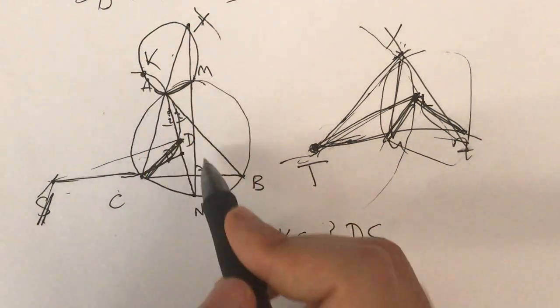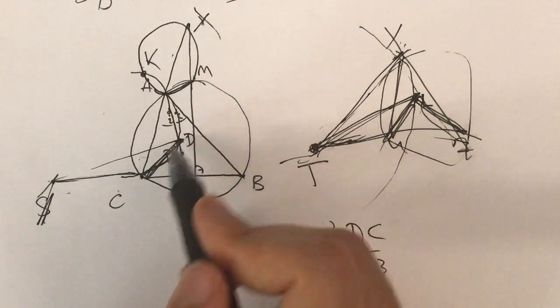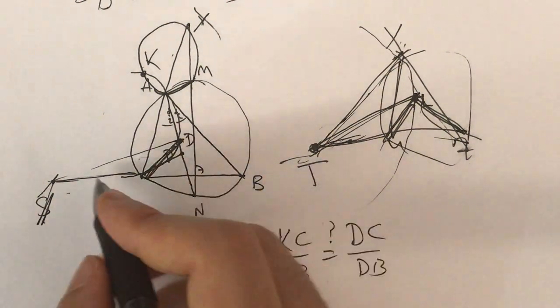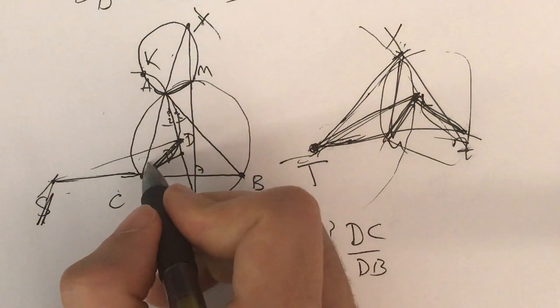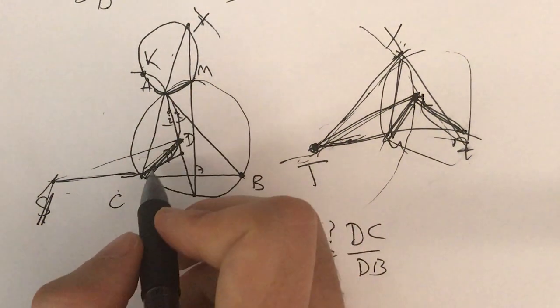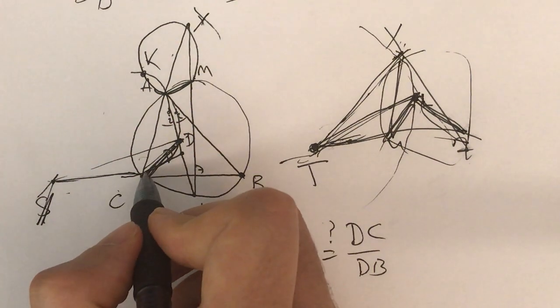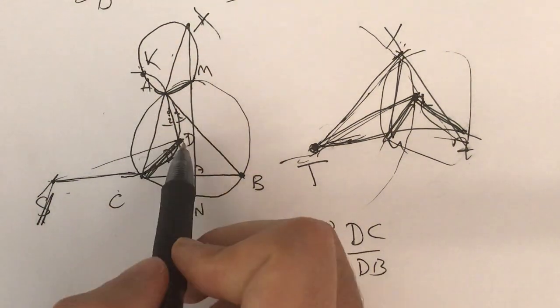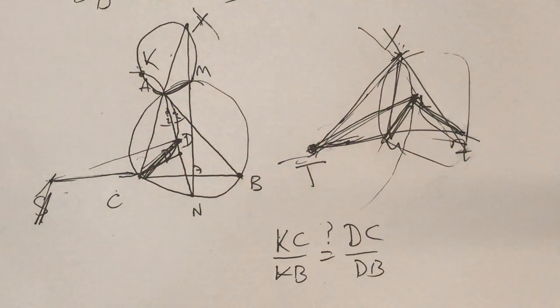That means that K would be on the Apollonius circle of the triangle DCB. But you can also look at it as, say, B is on the, I think it's the C Apollonius circle of the triangle KDC. You can also look at it as that.